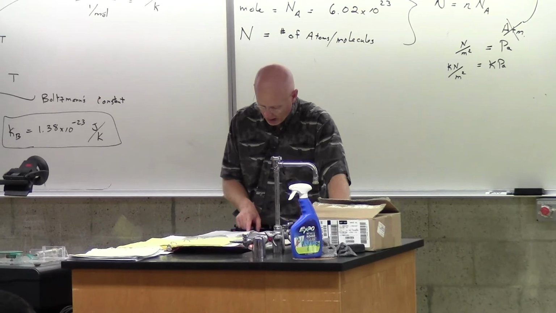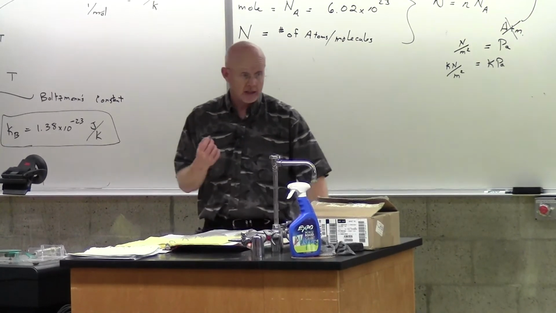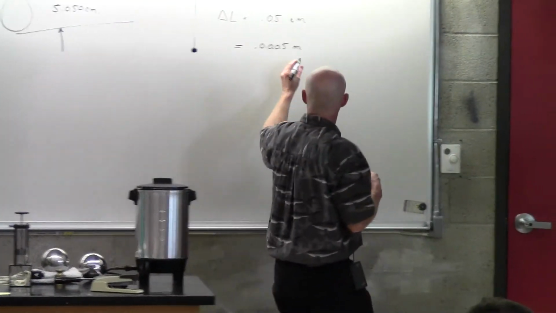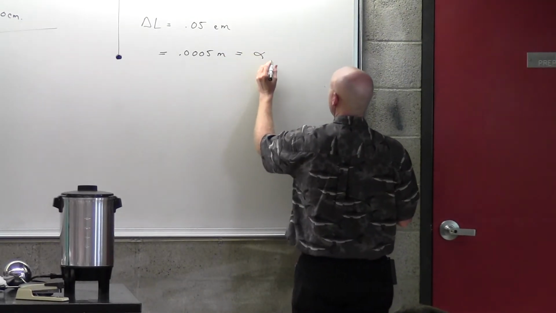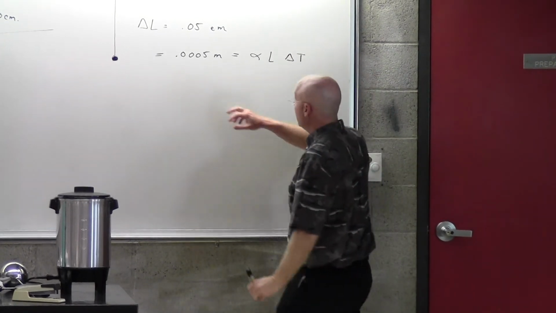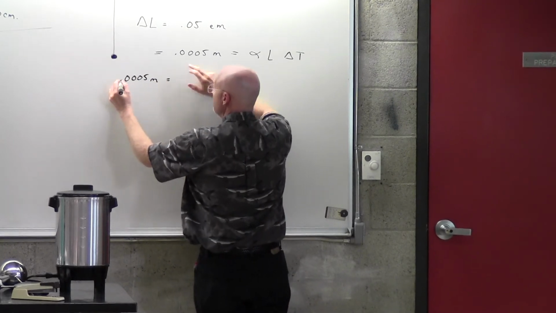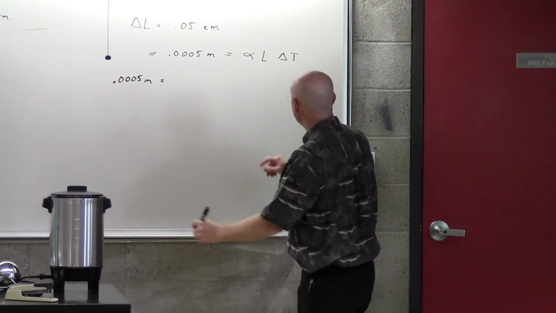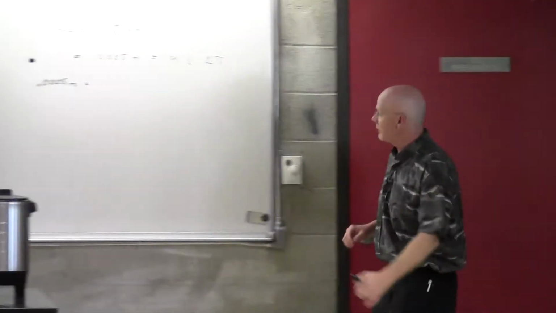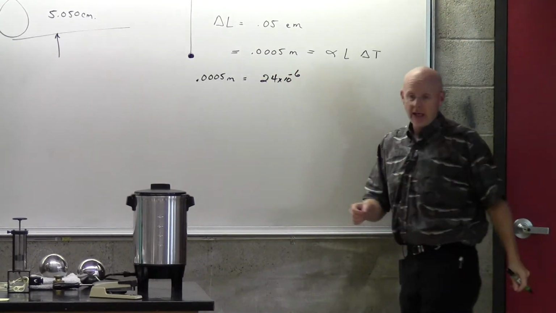They are saying here that it's an aluminum ring and it is at 20 degrees. So what I want is this change in length to equal alpha L delta T. 0.0005 meters is how much bigger I want the diameter to grow. The alpha I need to look up for aluminum. I'll grab it off the screen here. It was 24 times 10 to the minus 6. Let me check the units.